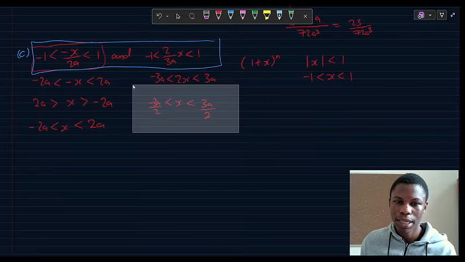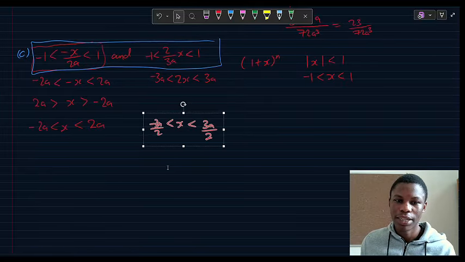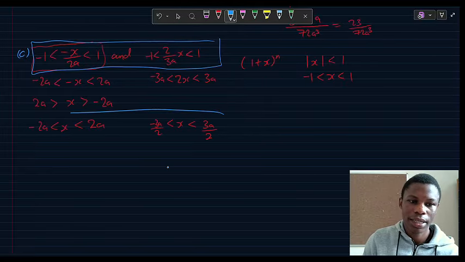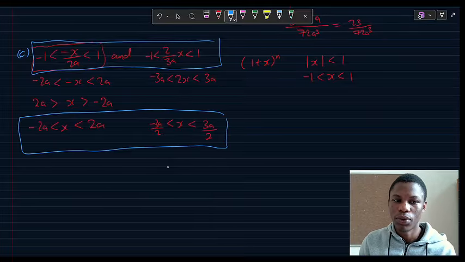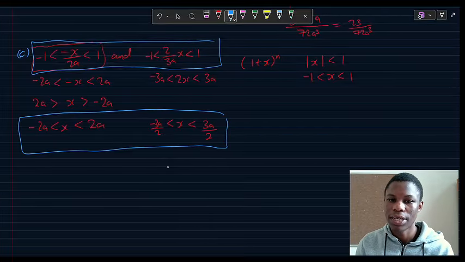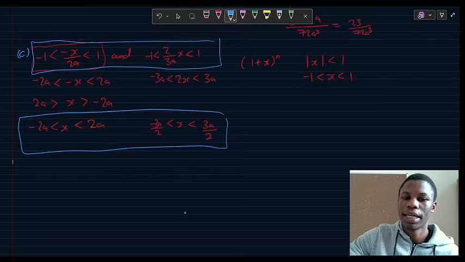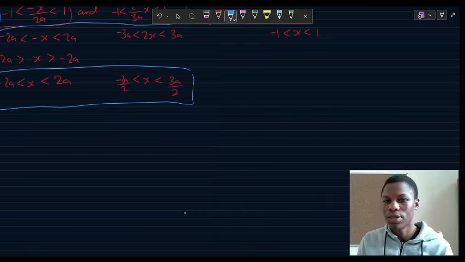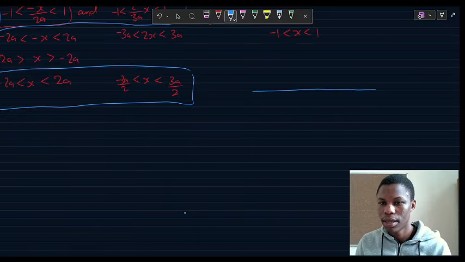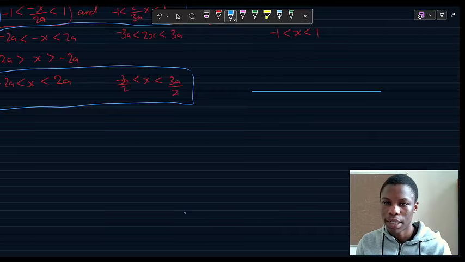So x has to be between both negative 2a and 2a, as well as negative 3a over 2 and 3a over 2. So if I put this on a number line, let's say this is negative 3a over 2, and this is positive 3a over 2.